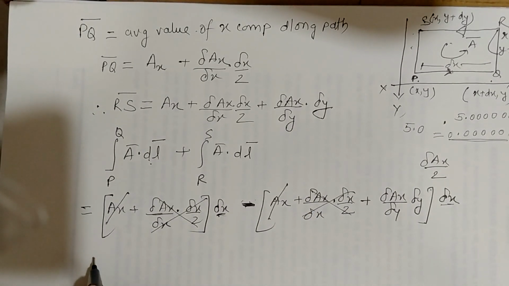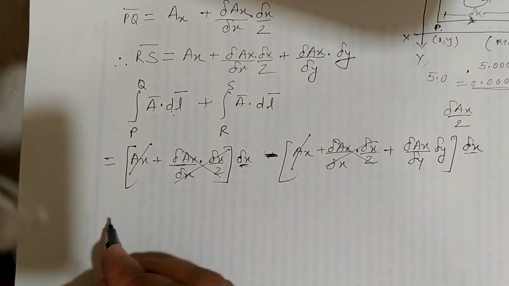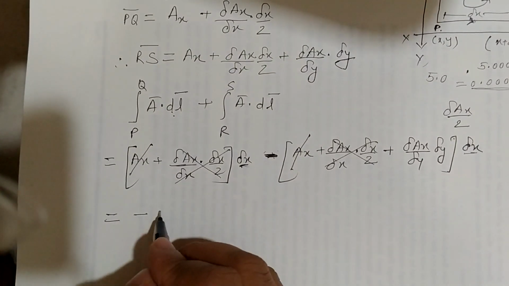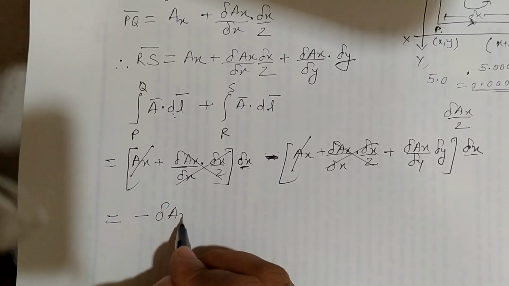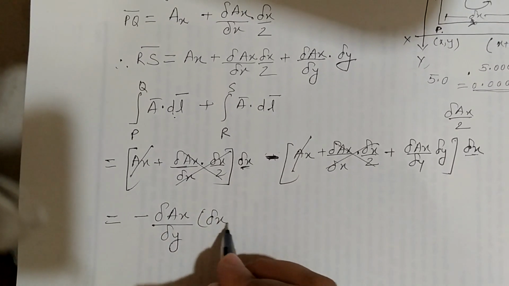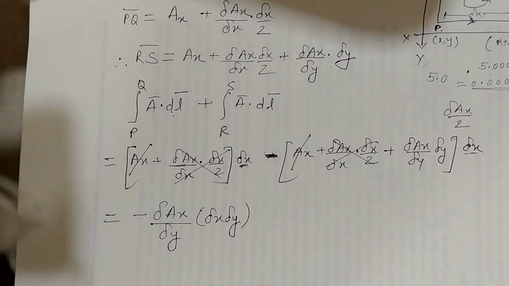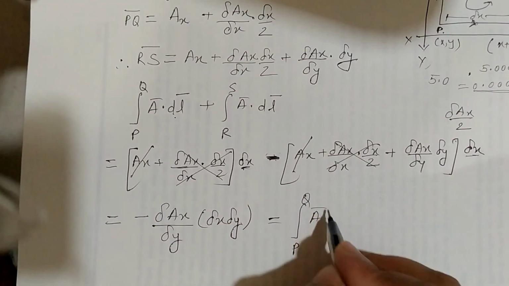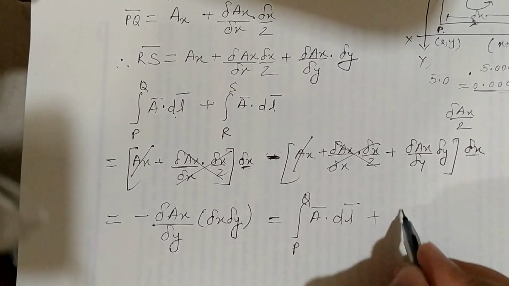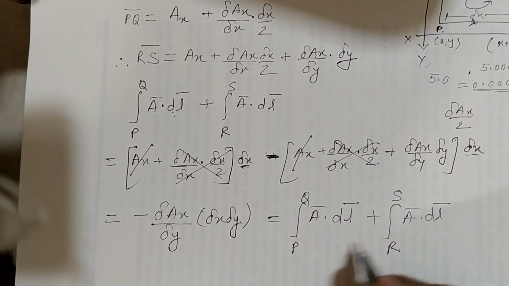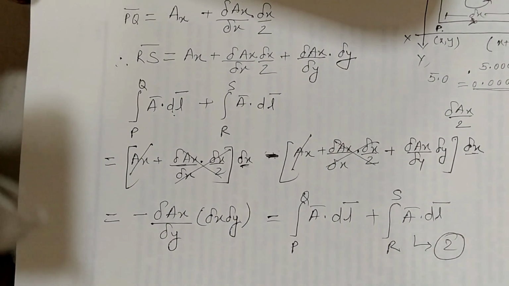So what we get from this bracket as a simplified thing is minus delta Ax by delta y into delta x delta y. So it will be equal to the integral from P to Q of A bar dot dl bar plus the integral from R to S of A bar dot dl bar, and this is equation number 2.